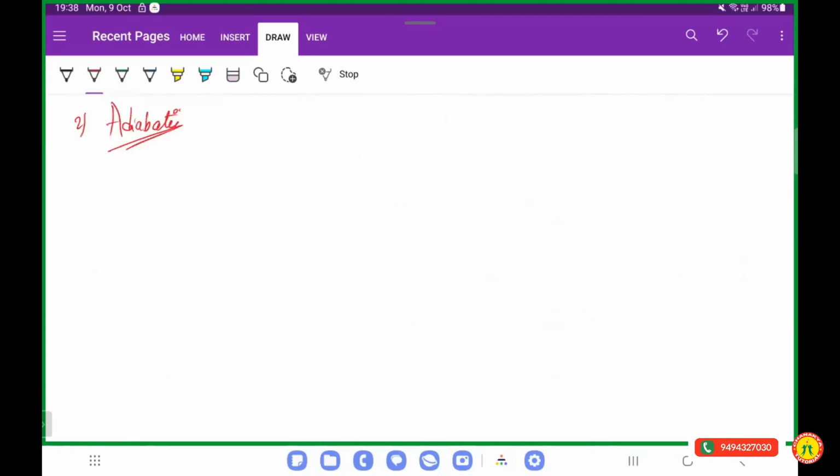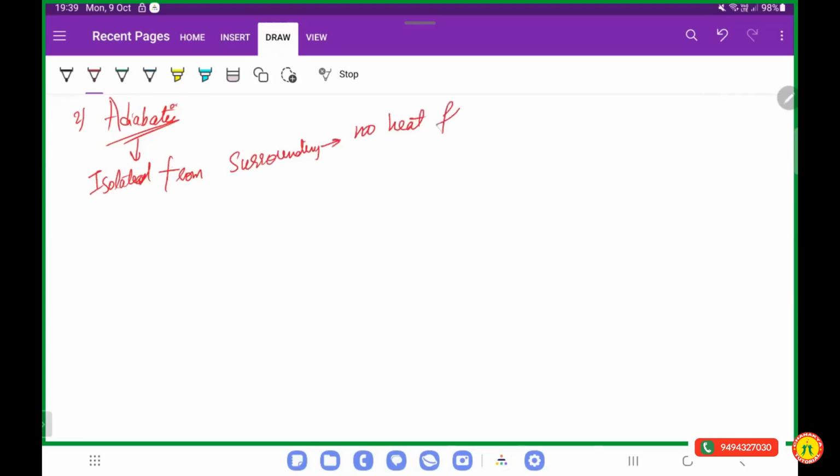So let's see about that. If system is isolated from surrounding, that means no heat flow in or out.